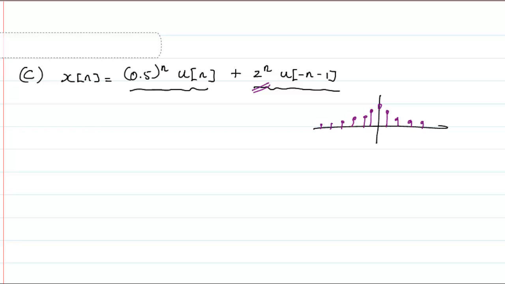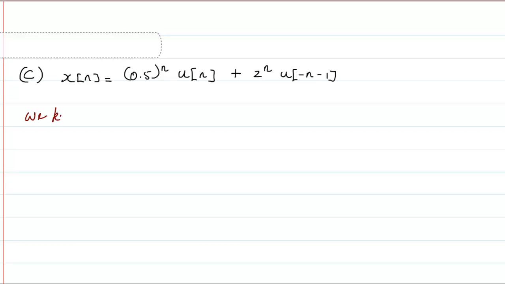So for such a sequence, what is going to be the Fourier transform? For finding that, we will use the linearity property. First we know that for a raised to power n u of n, the Fourier transform is 1 divided by 1 minus a e raised to power minus j omega. Where did we get that?